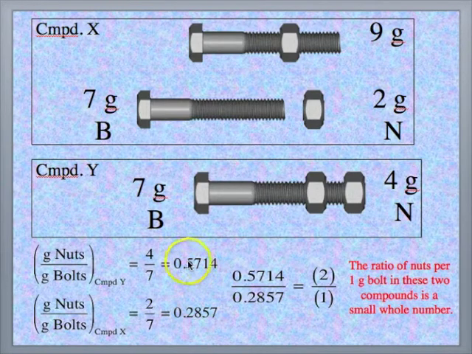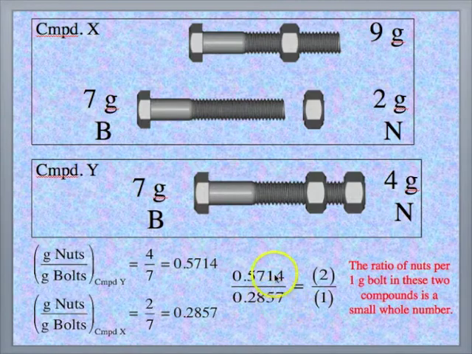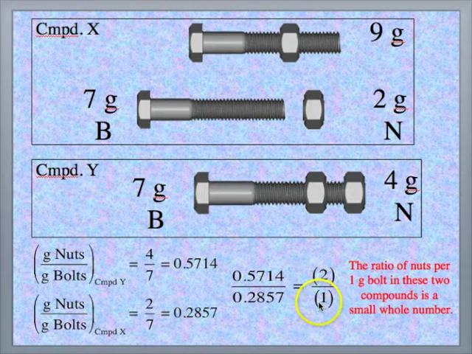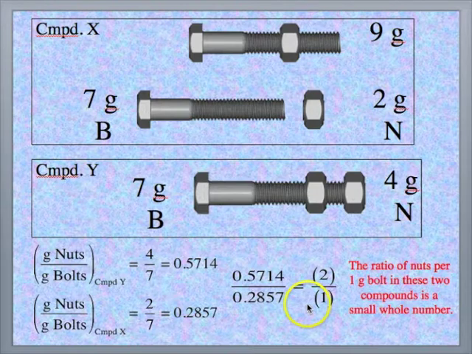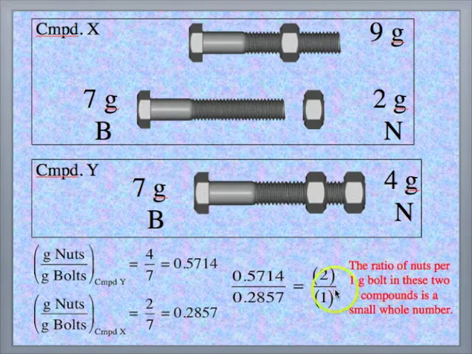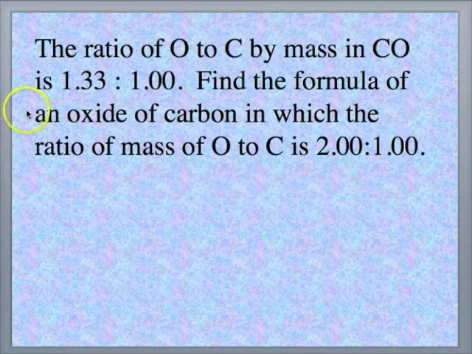Then, dividing the larger of these two numbers by the smaller gives us a small whole number relationship, in this case 2 to 1. And this is consistent with the law of multiple proportions. The ratio of nuts per 1 gram of bolt in these two compounds is a small whole number.